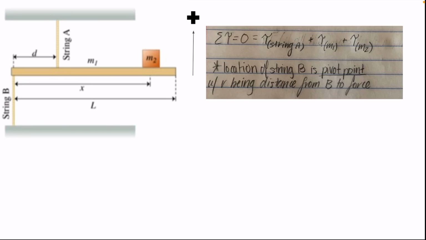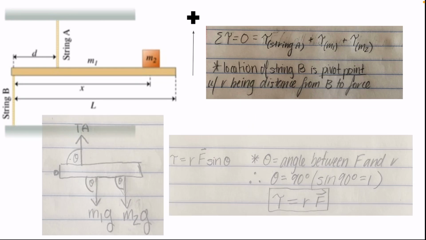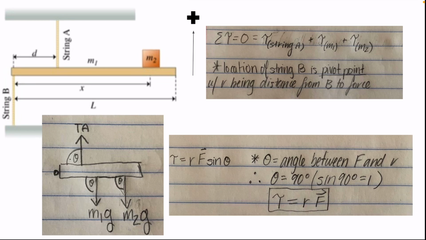It's also good to keep in mind, and this will come up in a second, that R in this equation that we've been given so often in this unit, torque equals R F sine theta, is the distance from B to the force, or rather the pivot point to the force, which is going to be pretty simple for string A and M2.